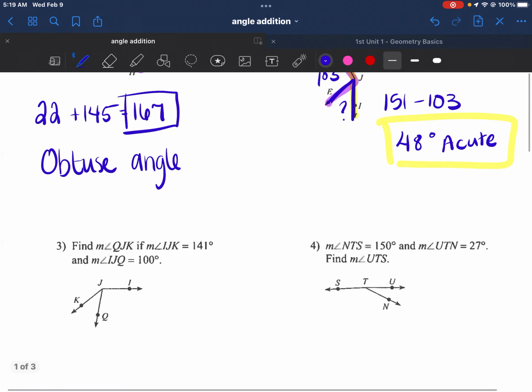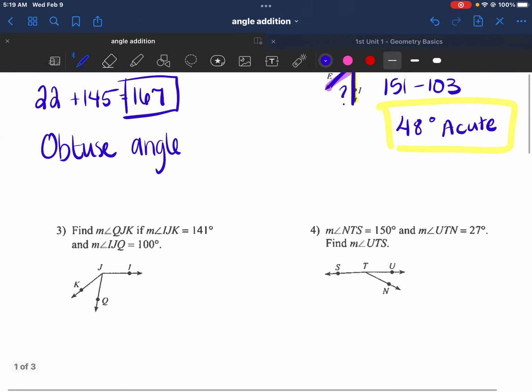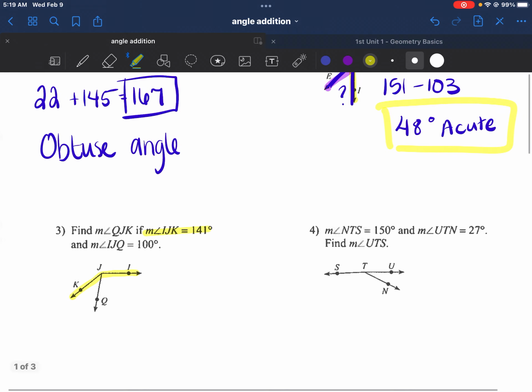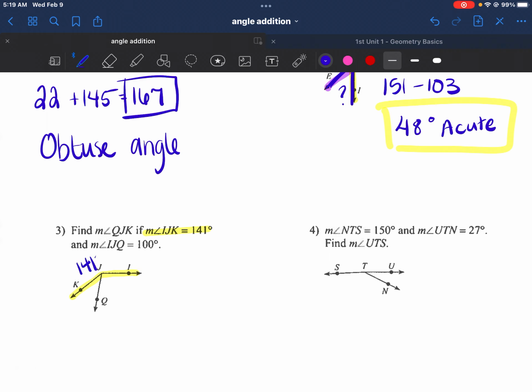Moving forward. I'm always going to highlight my outer 3 points with yellow. So I know IJK is my big angle, and I'm going to highlight it right here. IJK is 141. So I know this big angle is 141 degrees. If I already have the big angle, I know mentally I'm about to subtract.